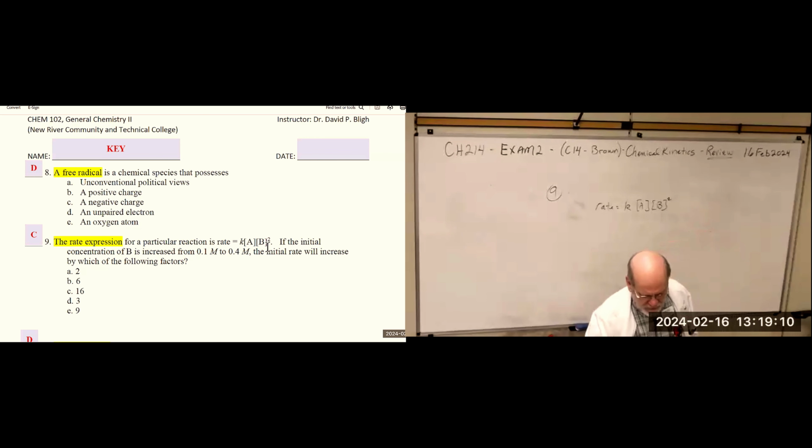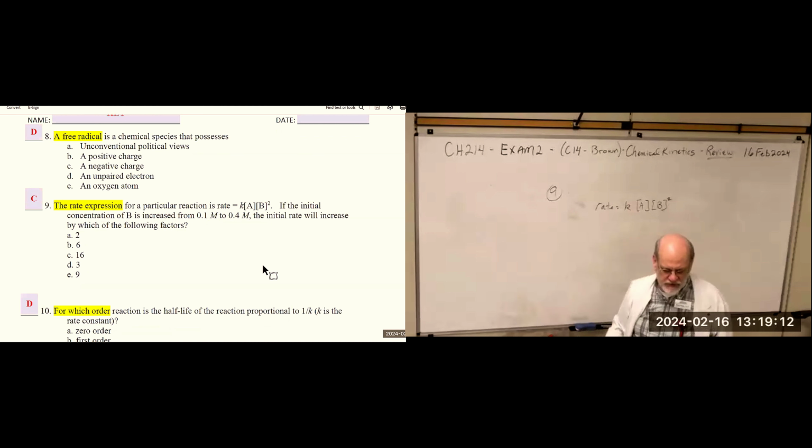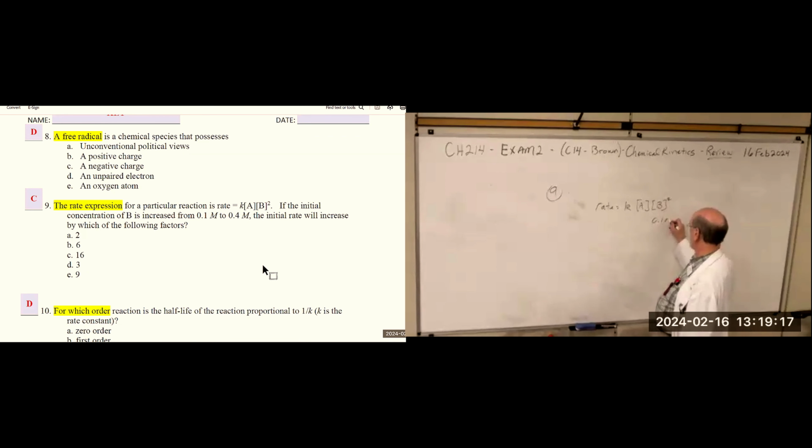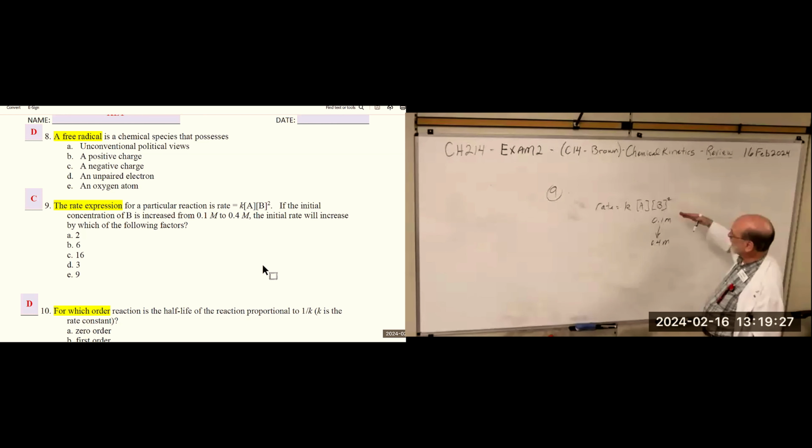The initial concentration of B is increased from 0.1 molar to 0.4 molar. So the rate calculated at this value compared to the rate calculated at that value for B, and A doesn't change. So what's the initial rate increase?